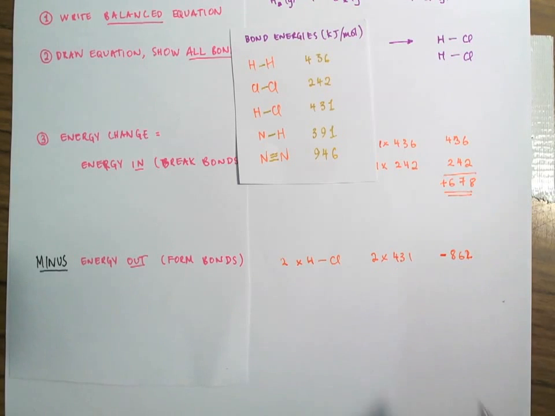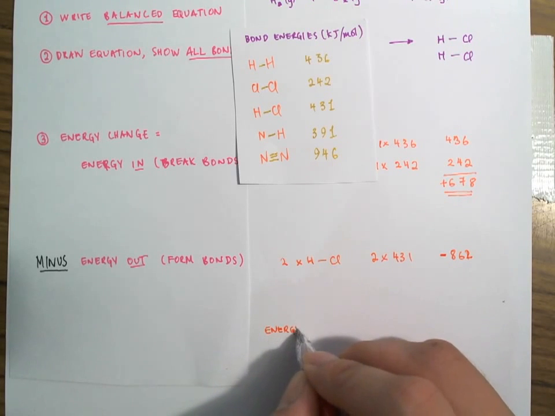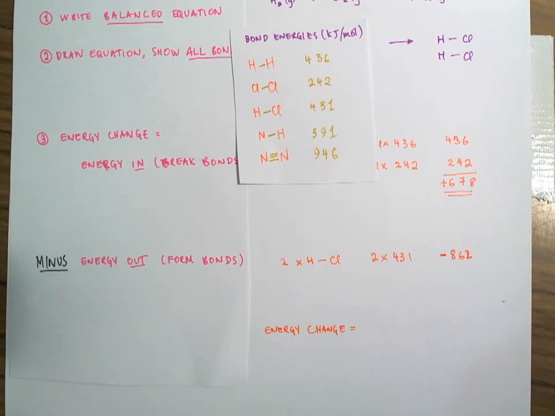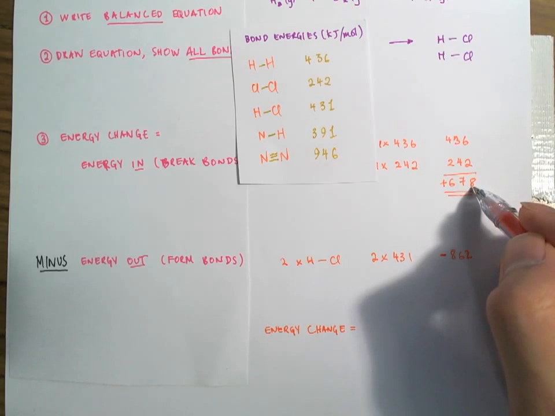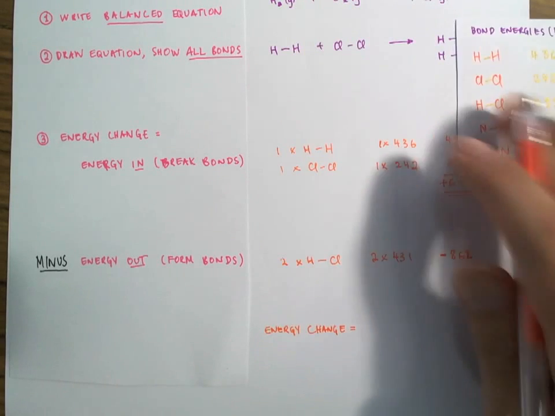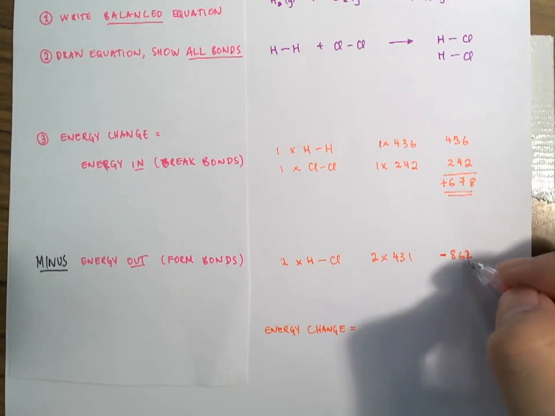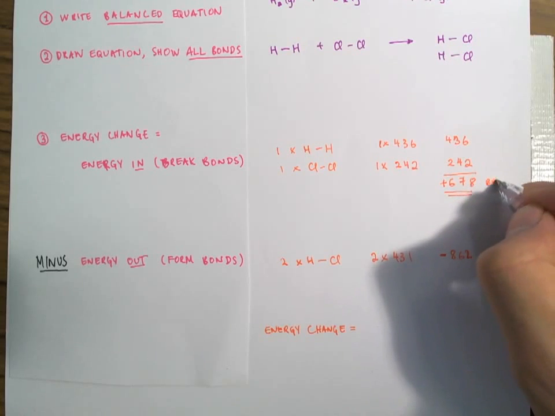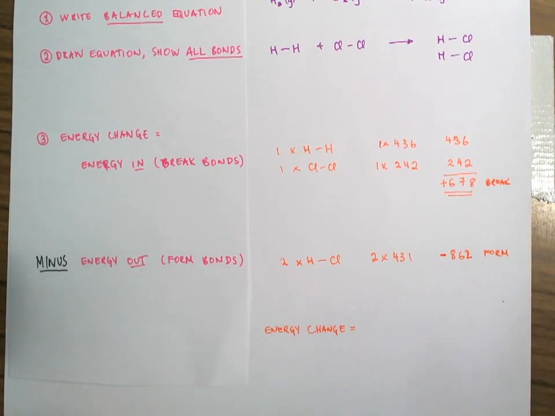Right, so the overall energy change is just the sum of these two energies: the energy taken in to break the bonds and the energy given out to form the bonds.